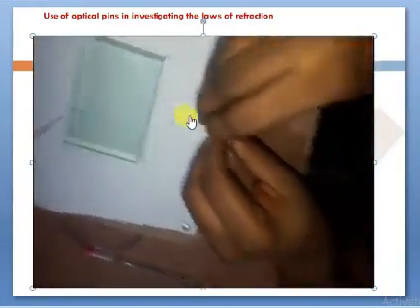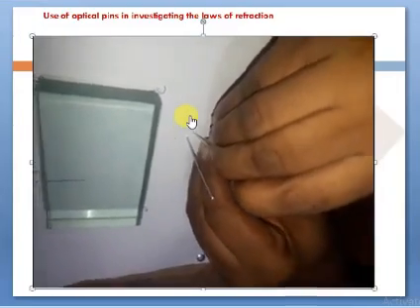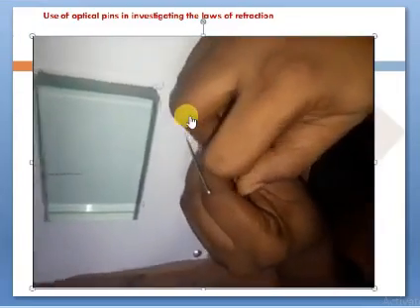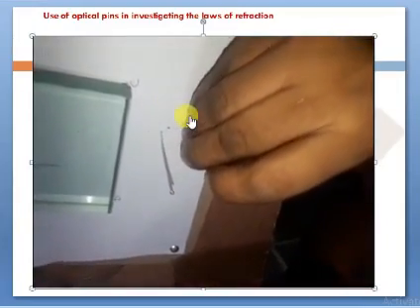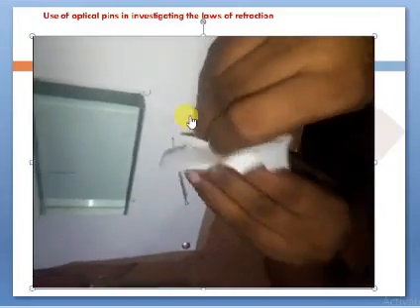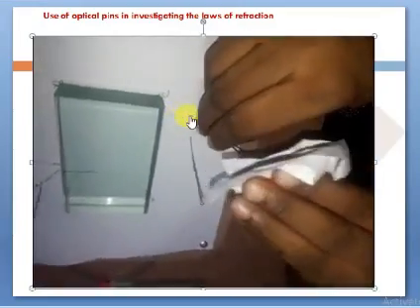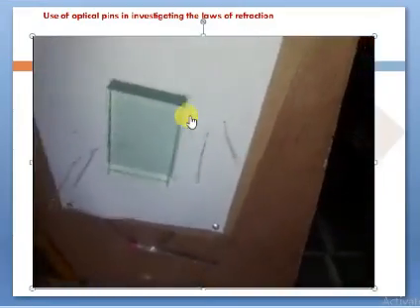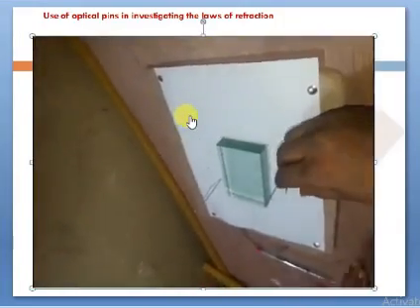Make sure they appear to be in a straight line with the images of the first two pins, P1 and P2, when you view them through the rectangular glass block. Now, once you get them in a straight line, you can remove the two sighting pins.